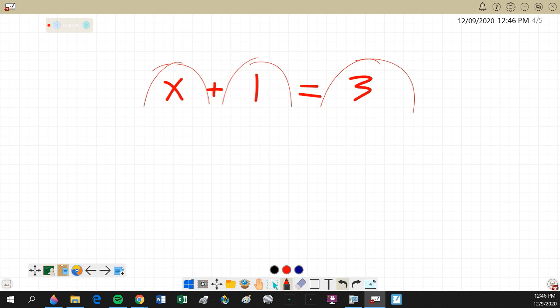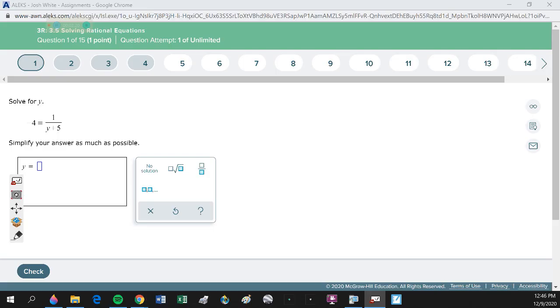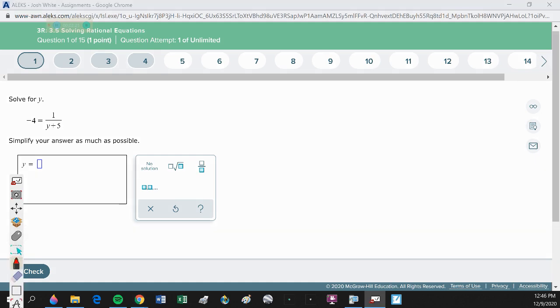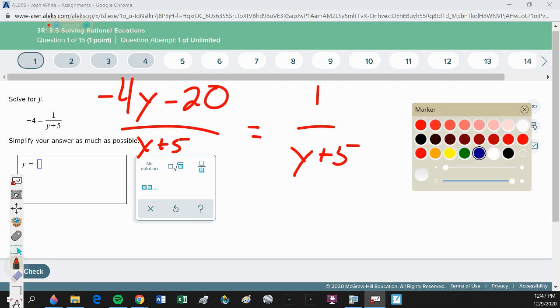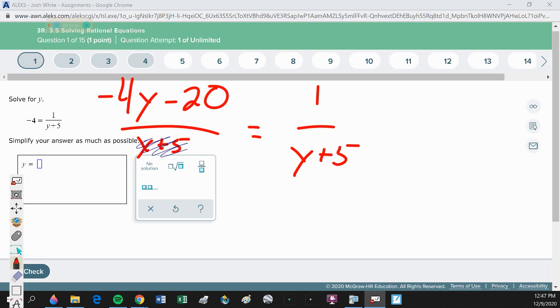Okay, so going back to this problem, I had negative 4y minus 20 over y plus 5. Does that y plus 5 need to be there? No. So I am allowed to go ahead and get rid of these.